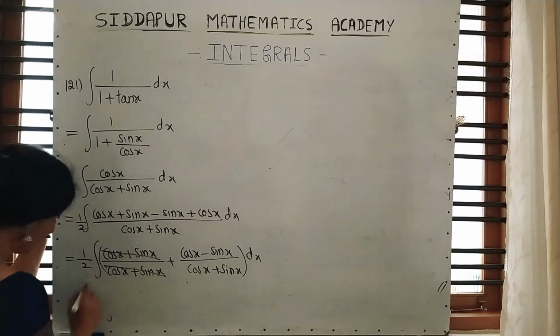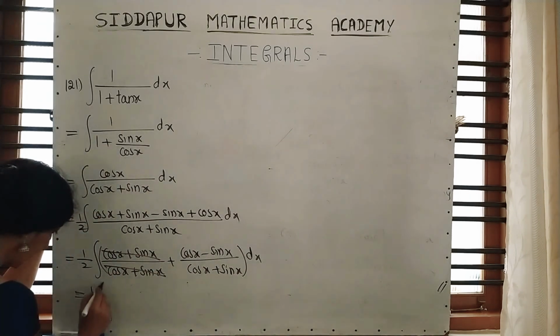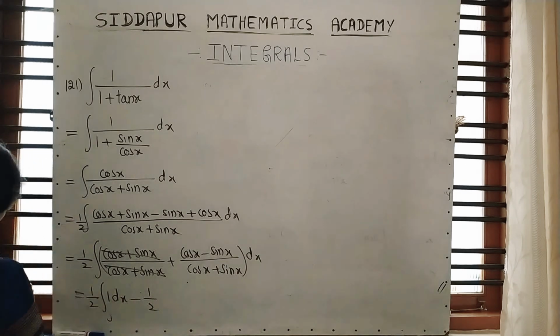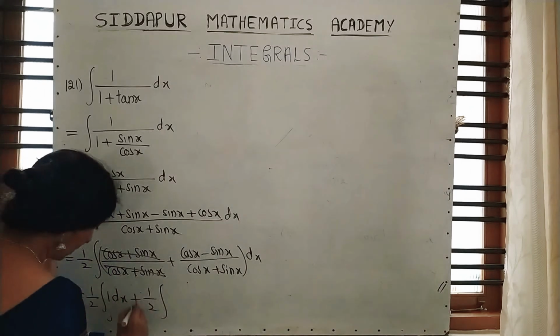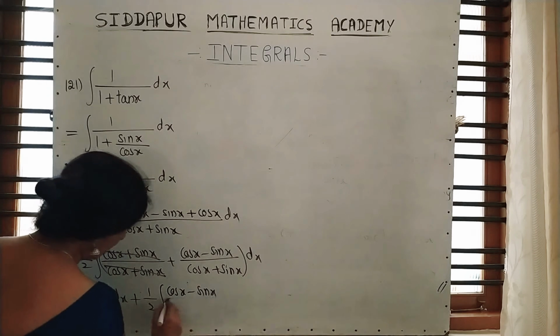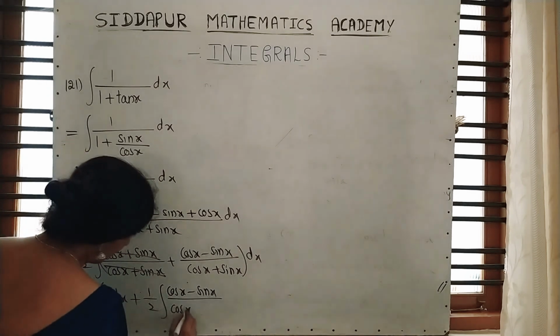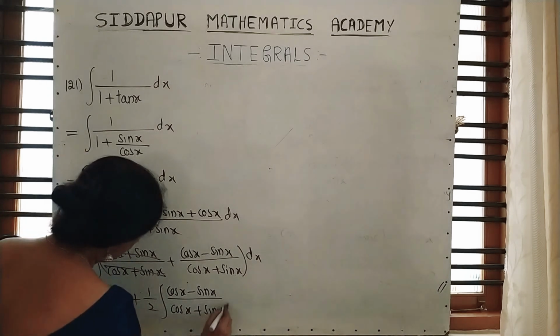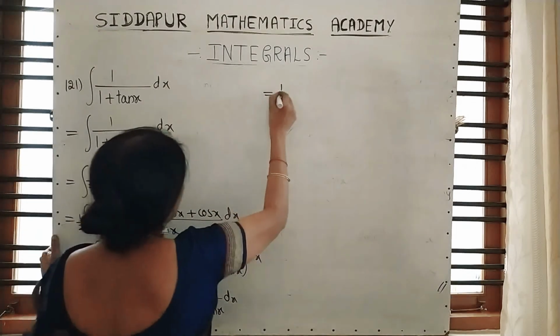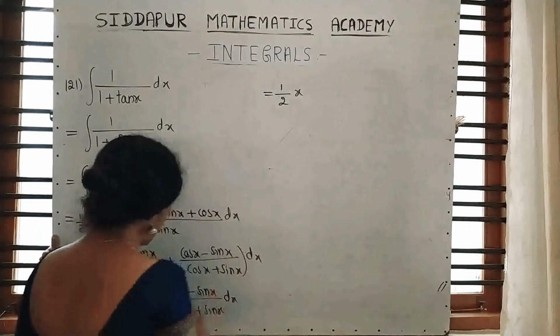This gets cancelled. So I am writing 1 by 2, 1 into dx, minus 1 by 2, taking 1 by 2 and integration separately, plus 1 by 2 cos x minus sin x divided by cos x plus sin x. What is the integration of 1? Integration of 1 is x, because with respect to x.